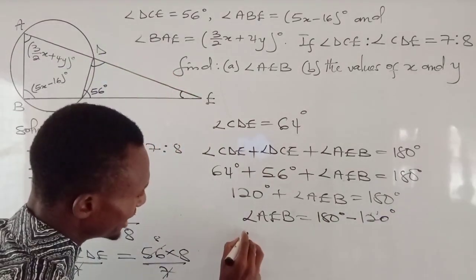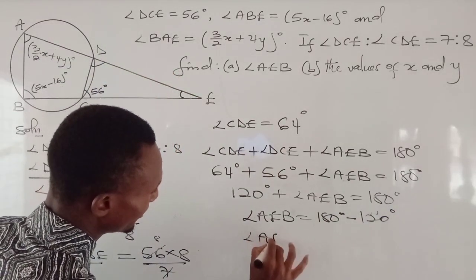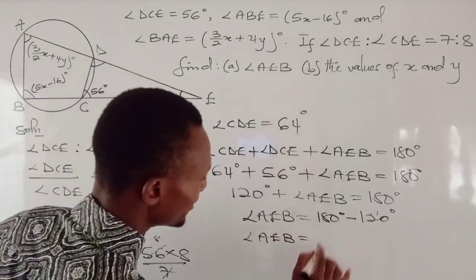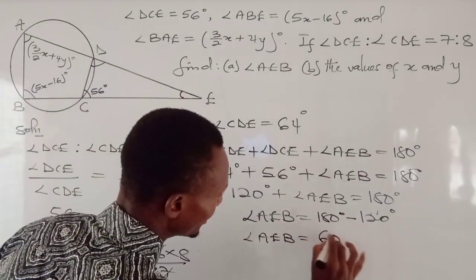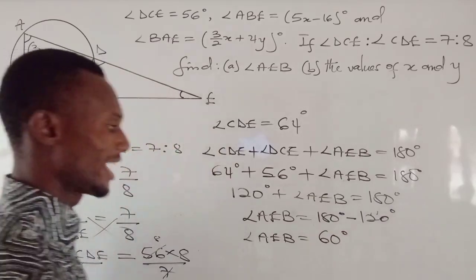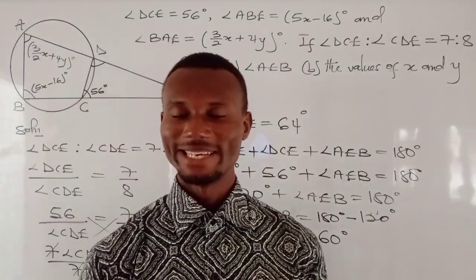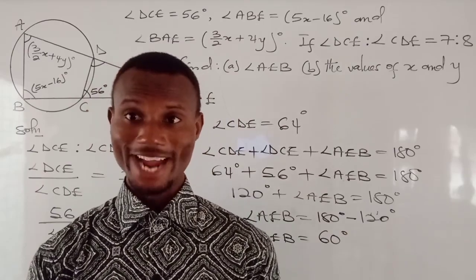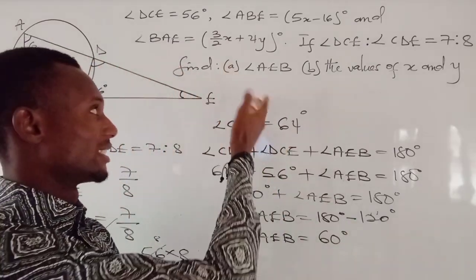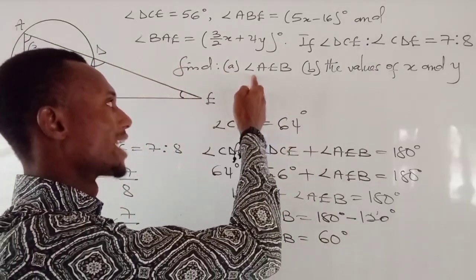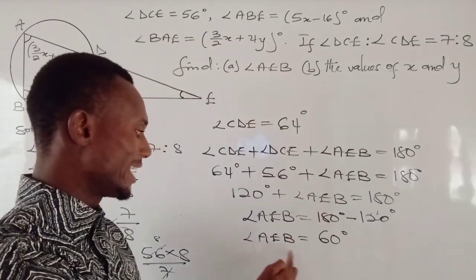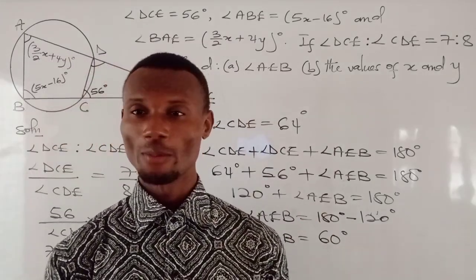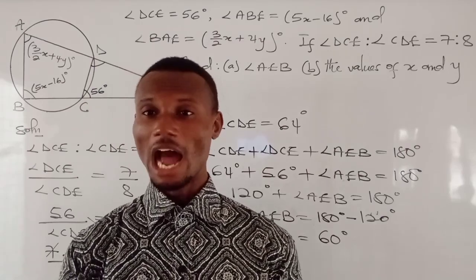So my angle AEB equals 180 degrees minus 120 degrees, which gives 60 degrees. That is the answer for the angle AEB that the question is asking us to find, which is the first part of the question. It says A, we should find angle AEB, and angle AEB is equal to 60 degrees. I hope the explanation is clear enough up to this point.